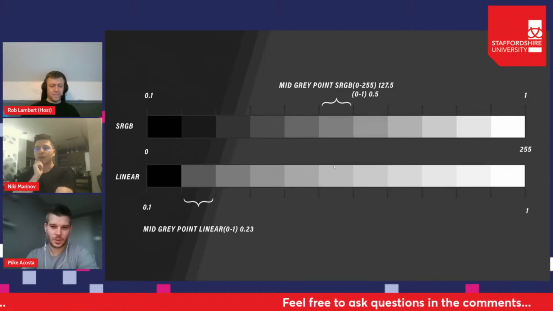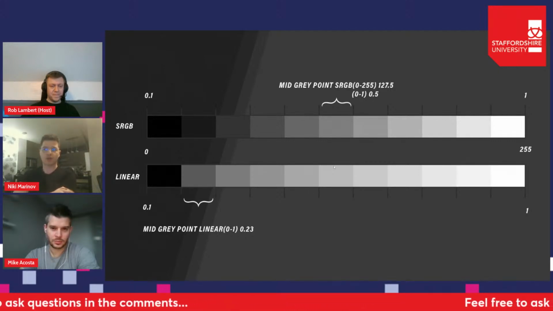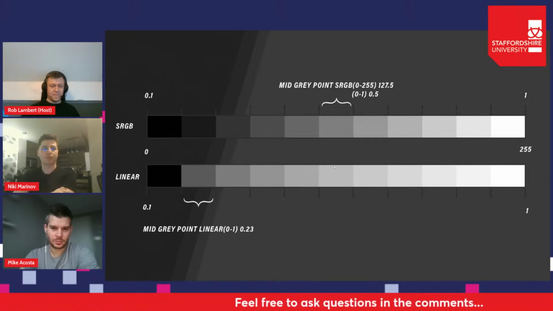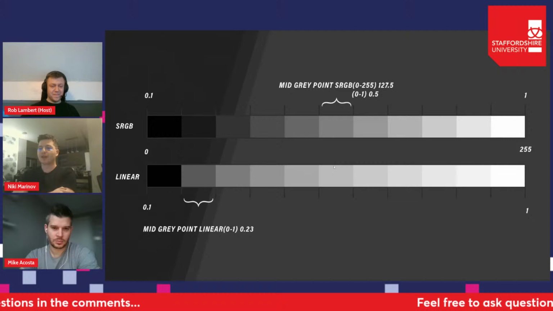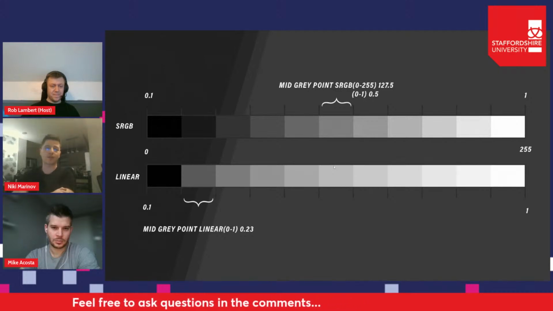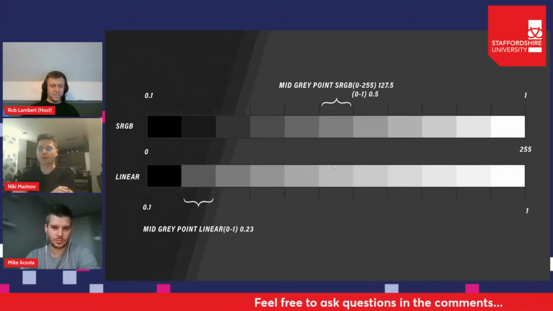When you're working with linear color, all of the blacks are crushed to the left, and the mid-gray point is something around 0.23, which is not exactly in the middle, but that makes it a lot easier to understand how shaders work, because shaders are basically multiplications, subtractions, divisions, and so on, different math operations between vectors and colors.